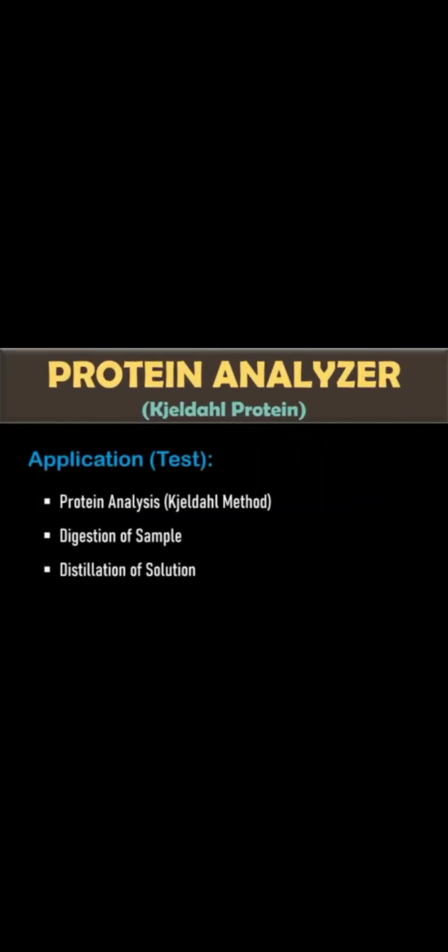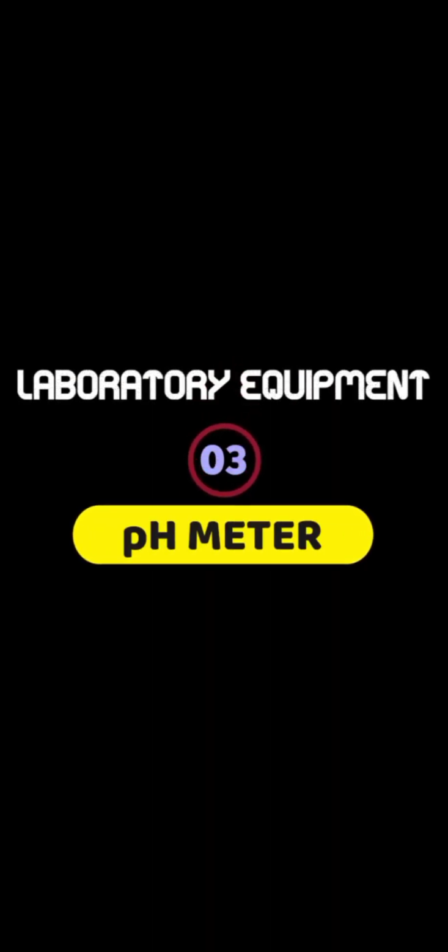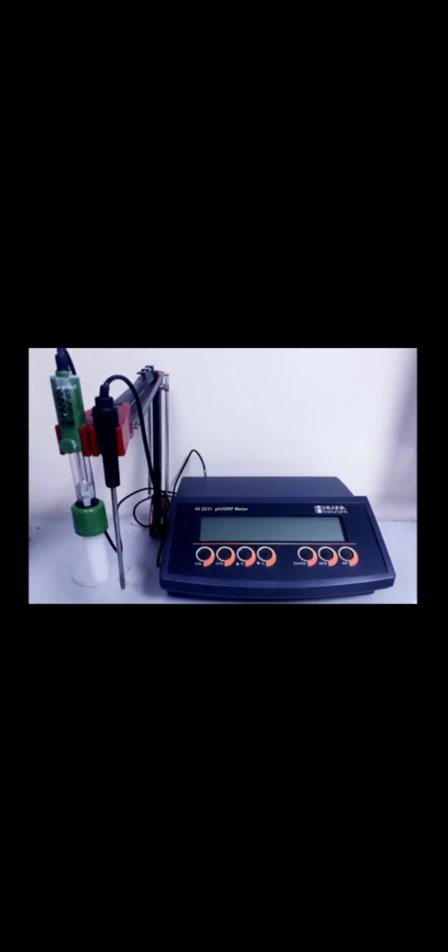In protein determination, despite the fact that we have various methods of determining protein, the Kjeldahl method is considered the best and most accurate. Number three, a pH meter. As the name implies, pH meter is mainly used to measure the pH of a sample, which is the level of acidity or alkalinity of a sample.